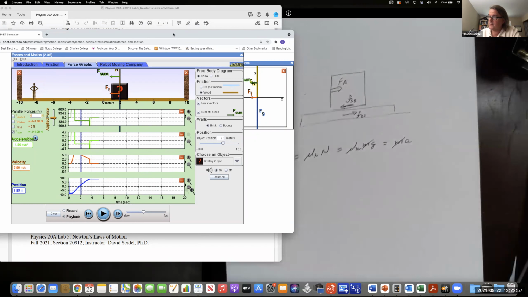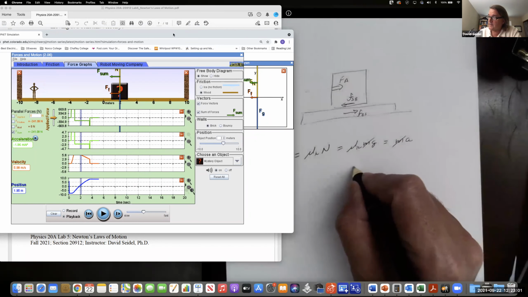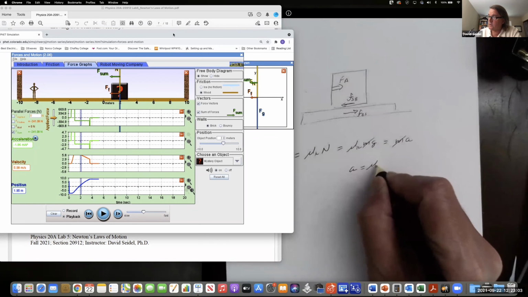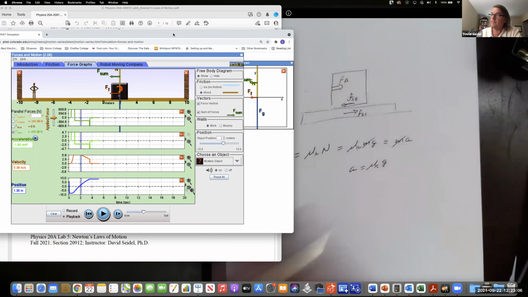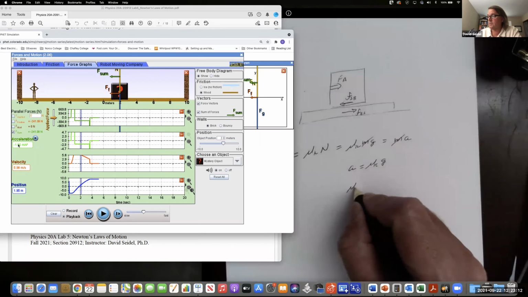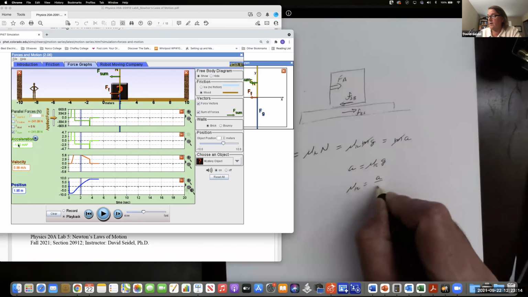Mass cancels. So my acceleration is equal to mu sub k g. You can measure the acceleration. And mu sub k is equal to a over g.